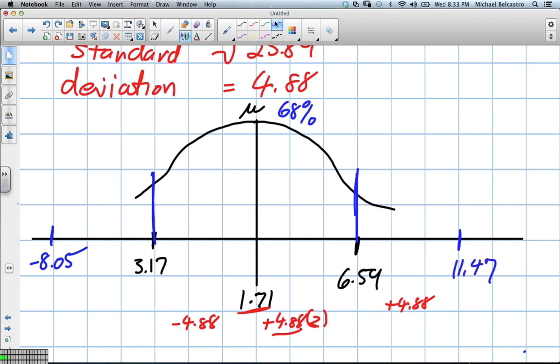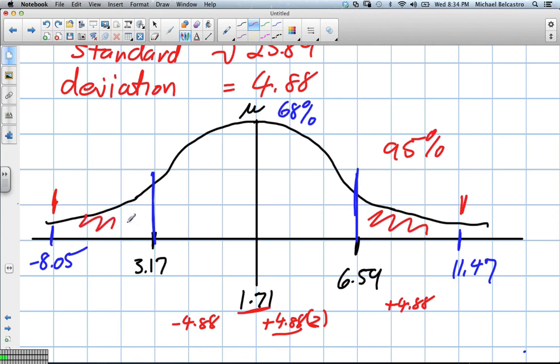Now, within 2 standard deviations of the data, so from here all the way to here is actually 95% of the data. Now, technically, when you add just this part to the original 68, this little part's 34. But just think of it like 95% of all data falls between these two numbers.